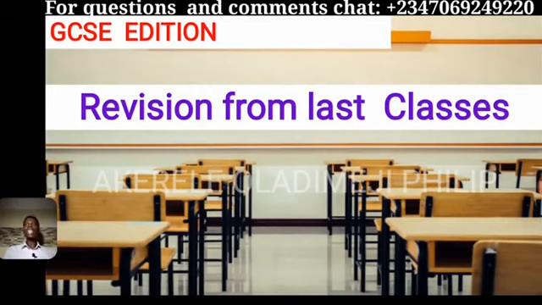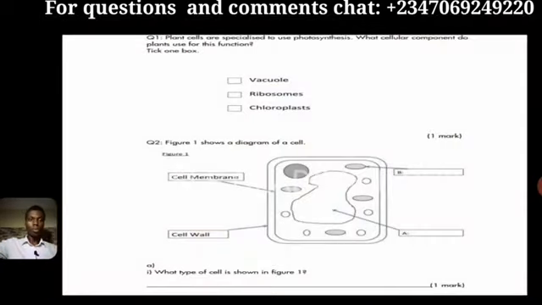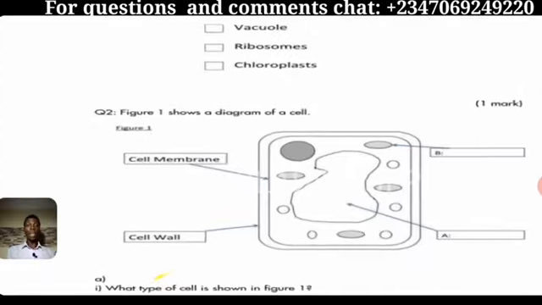So quickly, let's have some revision from our last class. The first slide here, I think we have this from the last class, if you saw the other video, which was on the structures of the cell. Now, let's answer that again.